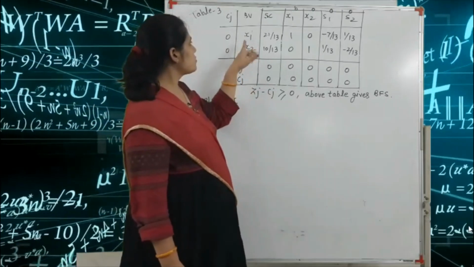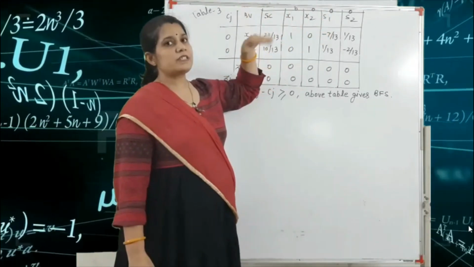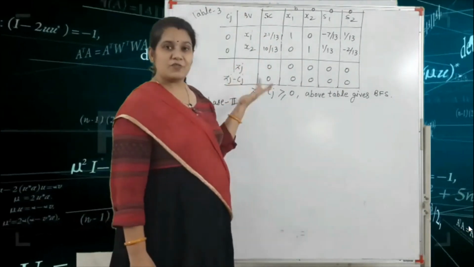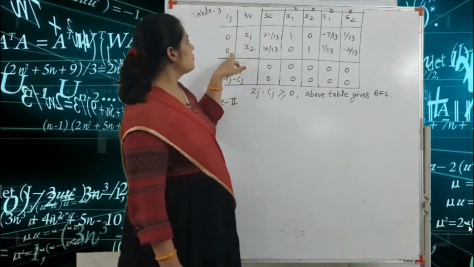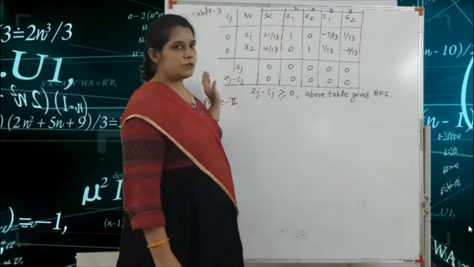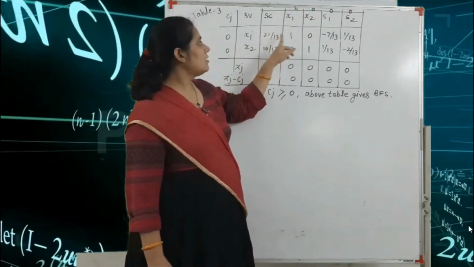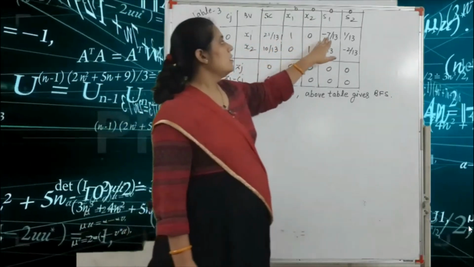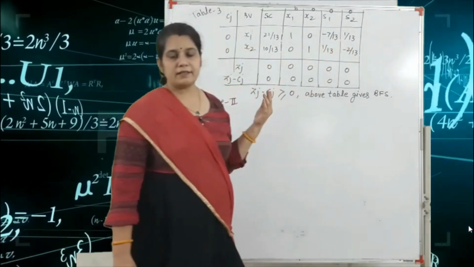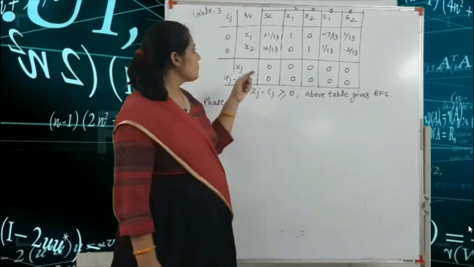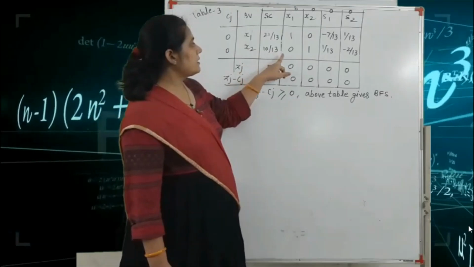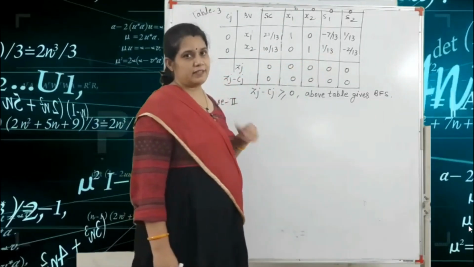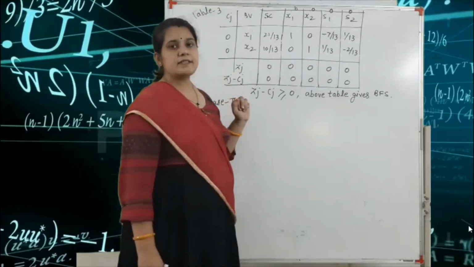So for x1 and x2 we write above the coefficient as 0, 0 because we solve at this time for phase 1. Okay, so here the coefficients of x1, x2 are 0, 0, and we find all these values: x1 row is 21 by 13, 1, 0, minus 7 by 13 and 1 by 13 with the help of table 2. Okay, x2 row is 10 by 13, 0, 1, 1 by 13 and minus 2 by 13. Okay, after that we find the Zj value.